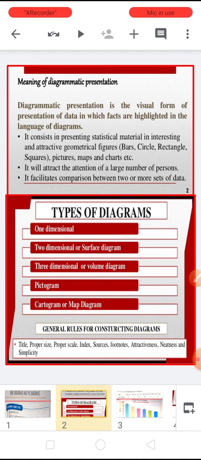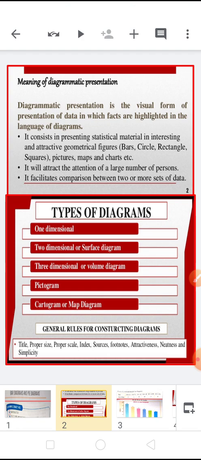Children, as per the last video, what we have learned, basically we have learned that when we are conducting any statistical investigation, how the data have been collected. That we have learned in the introduction as well as the collection of data in the second chapter, and we have learned the census and the sample method of collection of data.